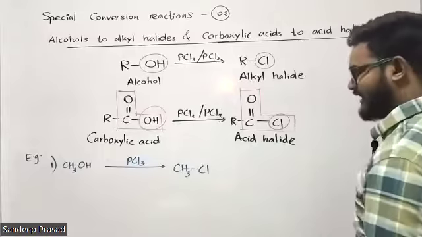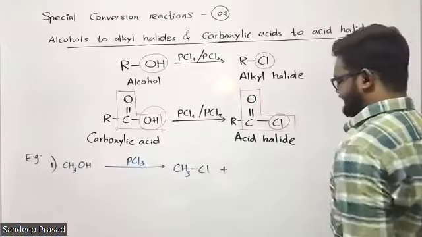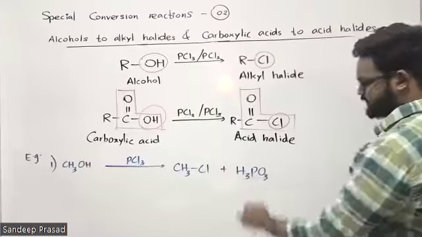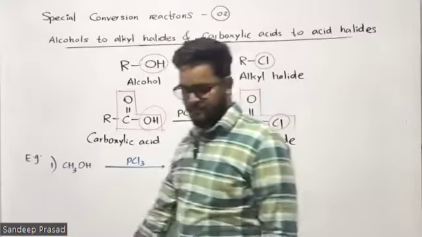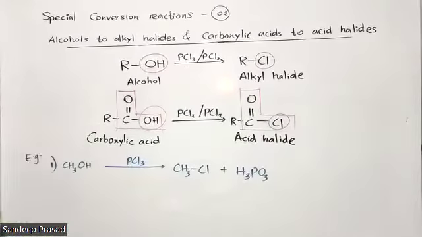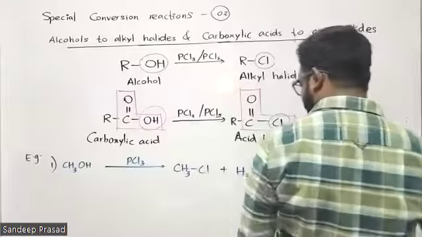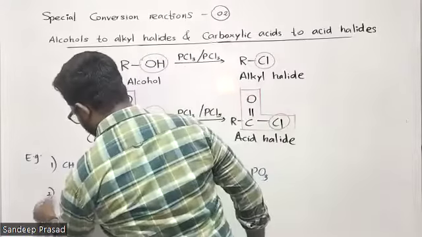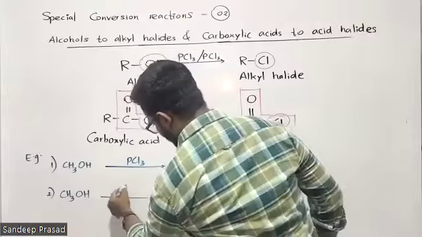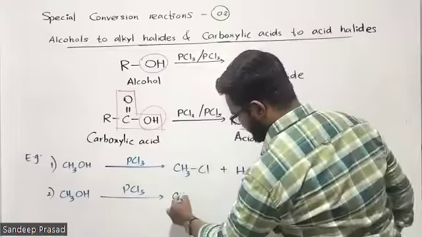Students, in your resource book, they have given the byproduct also. When we add PCl3, the byproduct is H3PO3, which means phosphorous acid. Just imagine you add CH3OH and you add PCl5. Then the major product is the same, CH3Cl.